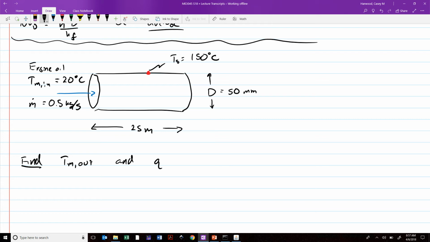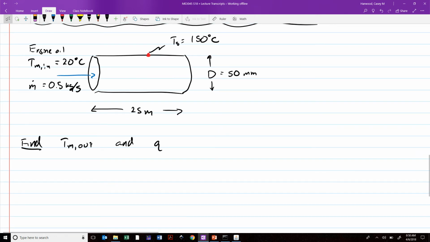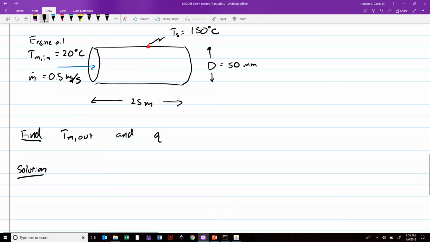Okay. So the setup of the problem should look just like the one we did a moment ago. So we can use the first few steps from our solution a few minutes ago to make significant progress on this one, namely, what version of the governing equation are we going to use? Well, dTm/dx is equal to P times h over m dot Cp times (Ts minus Tm).